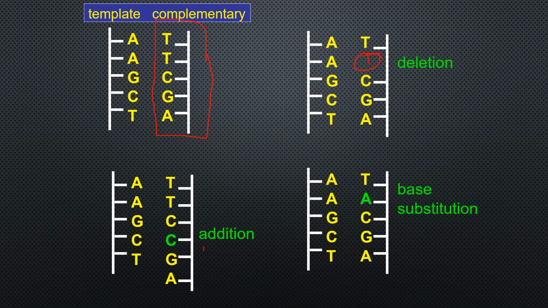Occasionally there's an extra nucleotide in place, so an addition problem, or sometimes there's a base substitution. Where this should be T, an A has been added. This is where we find mistakes in the replication of DNA.